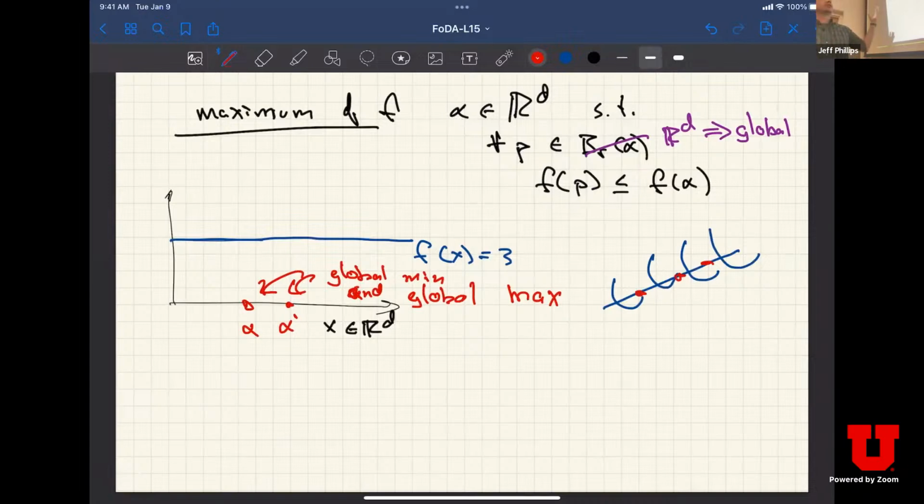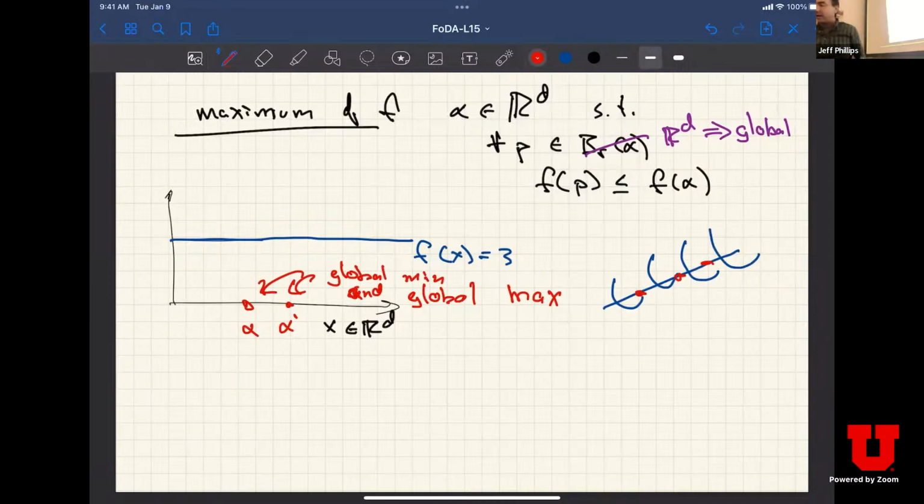So you can imagine a function like this, with a bunch of global min points all at the same function value. This is a situation that we actually don't want, and it is going to come up sometimes, and we'd like to avoid it.